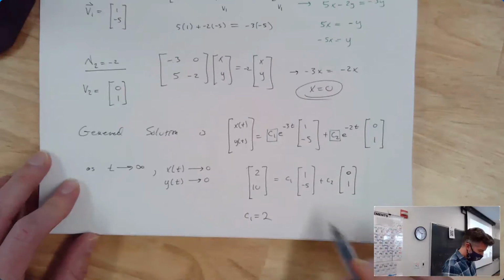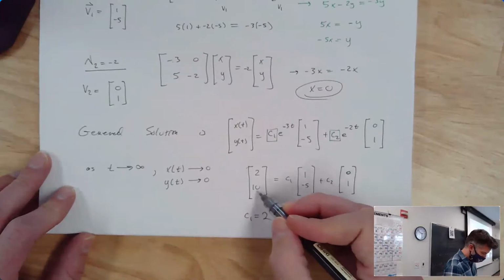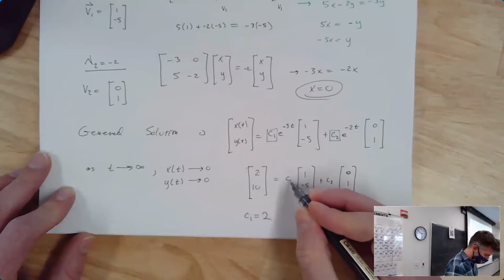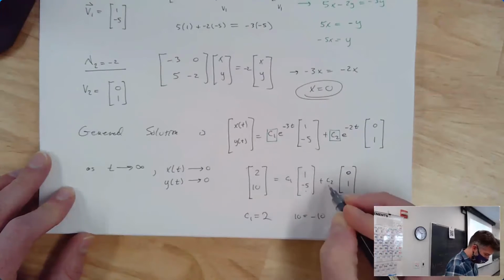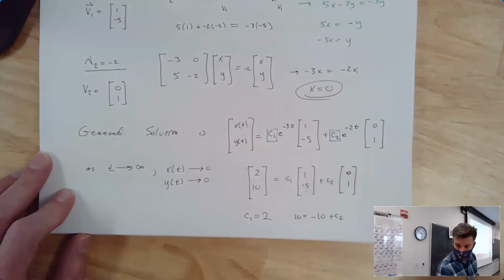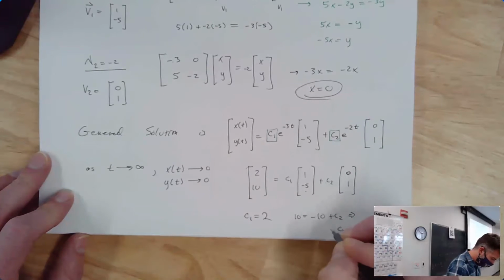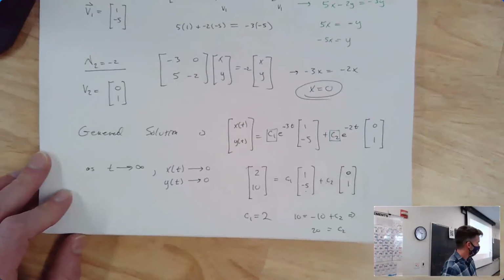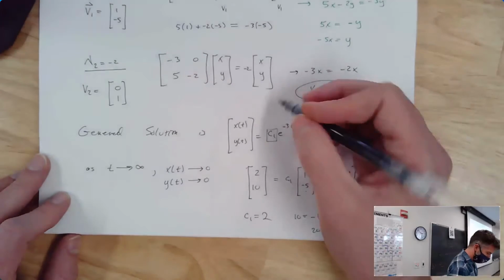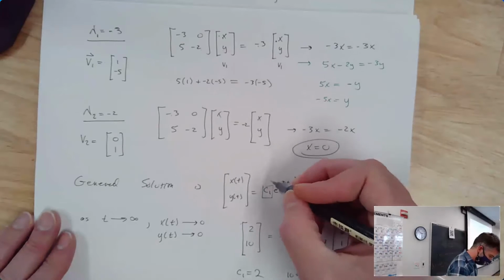And then knowing that C1 equals 2 means that 10 equals 2 times negative 5 plus C2, which gives me that C2 is equal to 20. So my particular solution would be this general solution with those numbers plugged in.